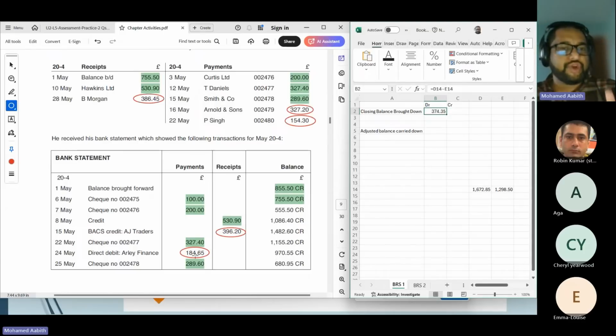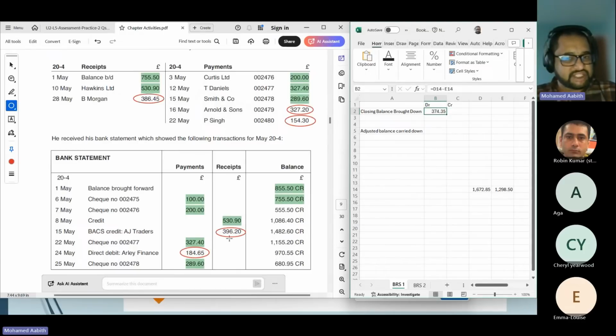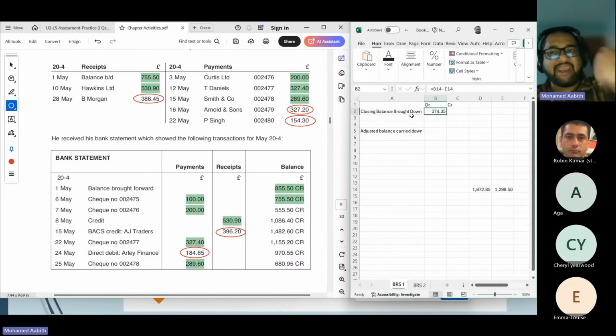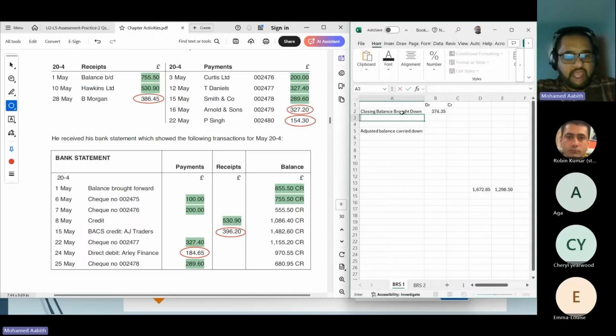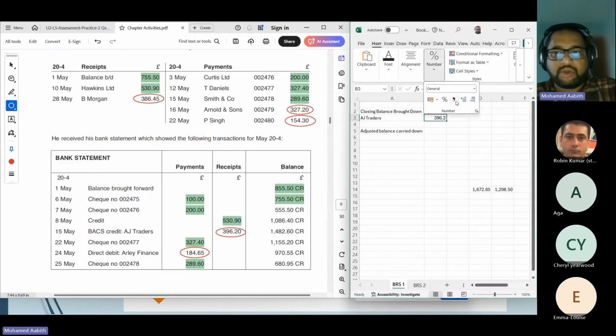So what we do, you see these two transactions here. One of them is a payment, another one is a receipt. The receipt will increase this cash book. So I'm going to say here, AJ Traders, and that one will be a debit entry into my cash book, 96 pounds and 20 pence. And then what is the next one? Let me change that to 2 decimals.